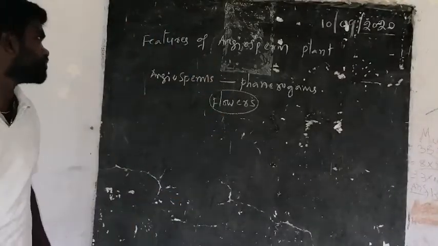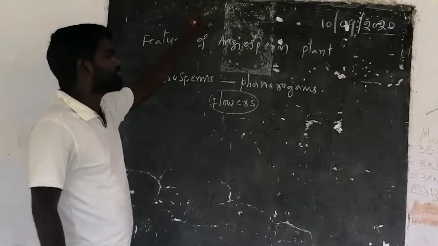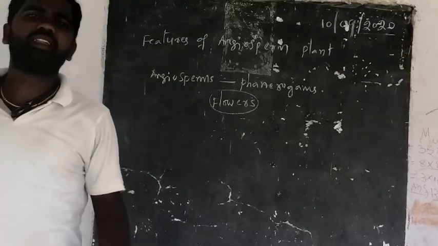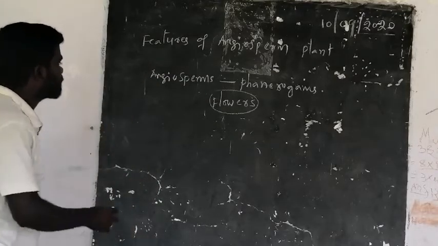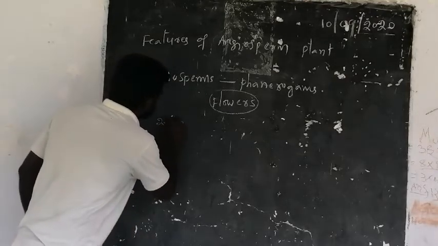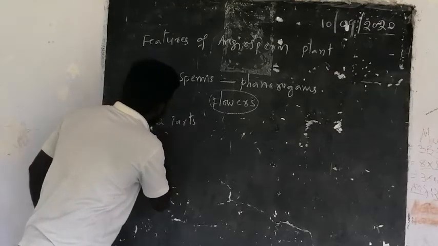Now, an angiospermic plant mainly has two parts. What are those two parts?